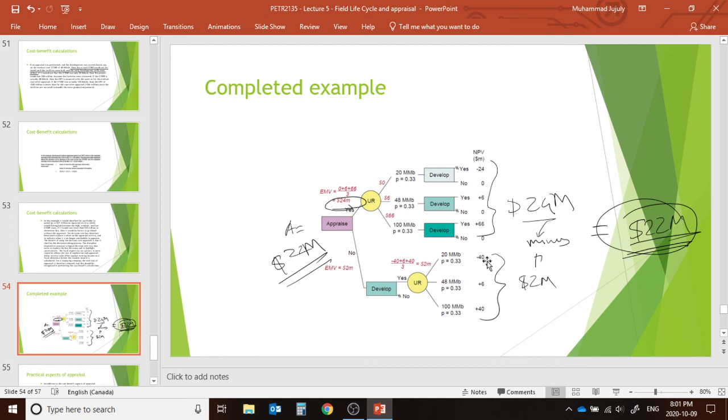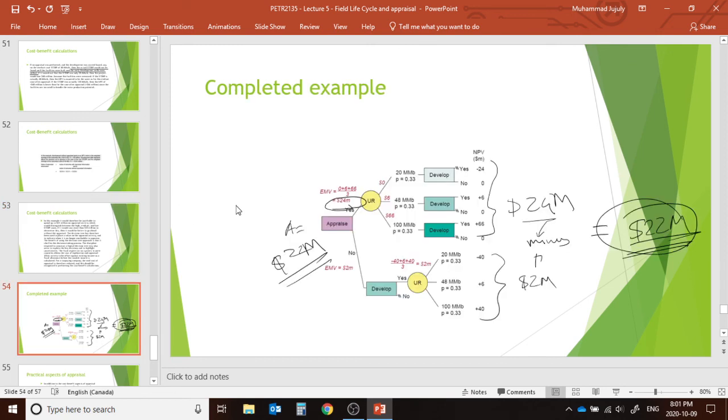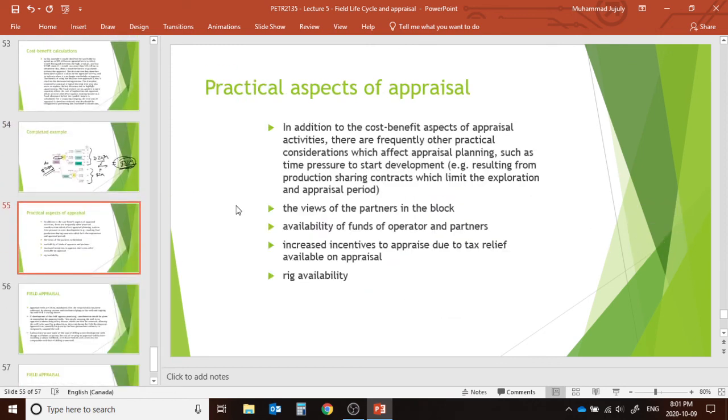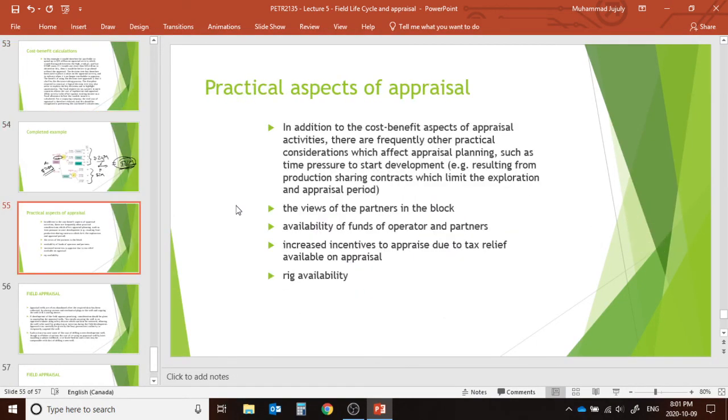If it's these two scenarios, not, and of course not this negative scenario, we'll not even continue the project at all. So that is how we justify investing $22 million in the appraisal. This is how we do the cost benefit calculation for the appraisal.